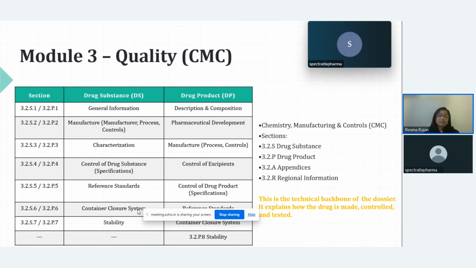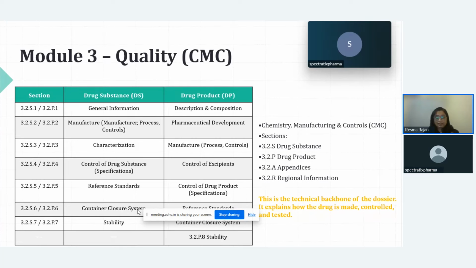So whether this drug substance or drug product which you have manufactured is stable for this long duration of transportation and distribution time, that needs to be established. It will be exposed to different temperature conditions, humidity conditions, and some drug products will be light sensitive.